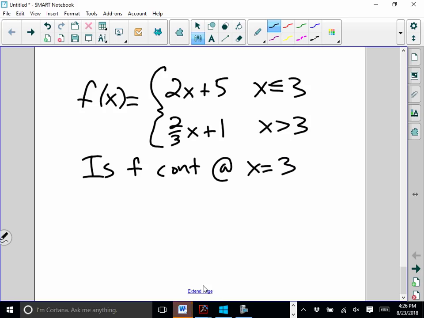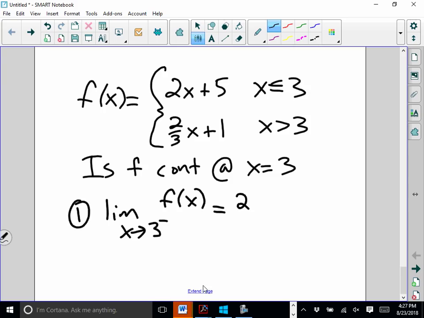Go ahead and pause it. Try it, see if you can get it. I did my left-hand limit here.